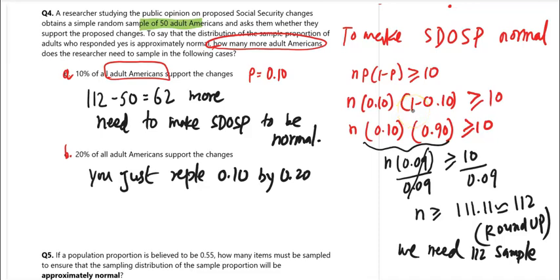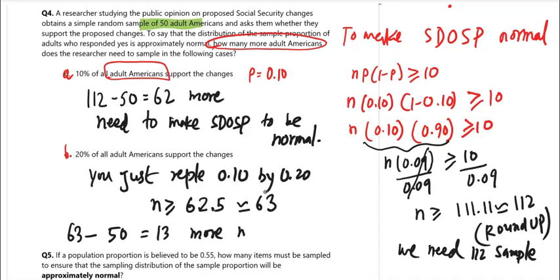You follow the same steps and get n greater than or equal to 62.5. Show the work. So this is about 63. How many more are needed? They decided to choose 50, but they need 63, so 63 minus 50 is 13 more needed if the proportion p is 0.20.